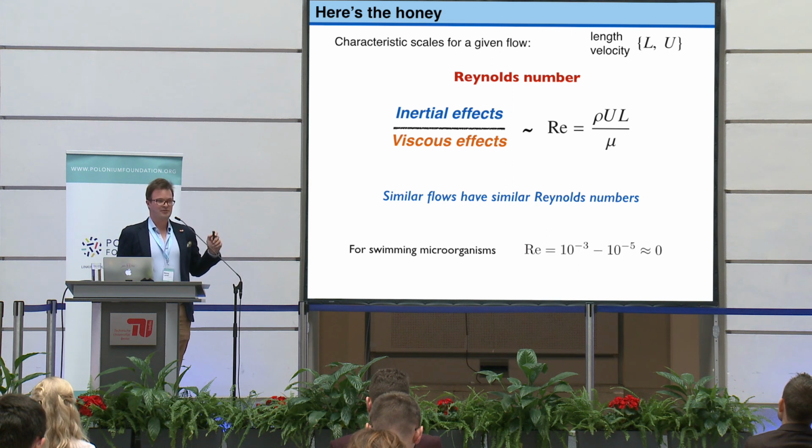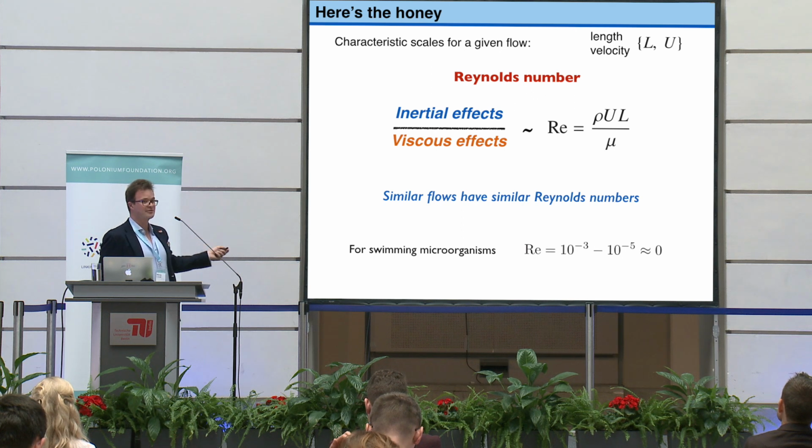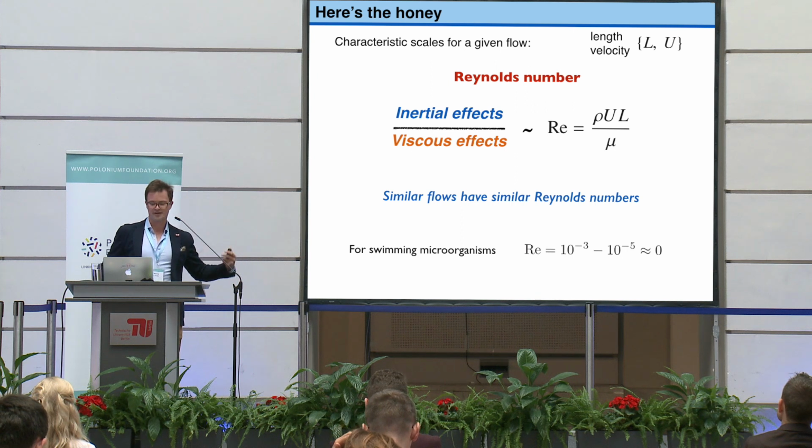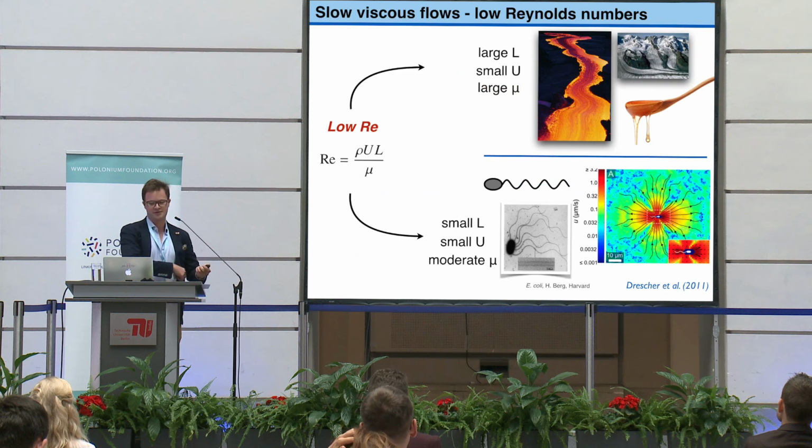I'll explain in a moment what that means. For swimming microorganisms, this Reynolds number is very close to zero, and therefore inertial effects don't really matter as compared to viscous effects. So it's a so-called low Reynolds number flow, or a slow viscous flow.